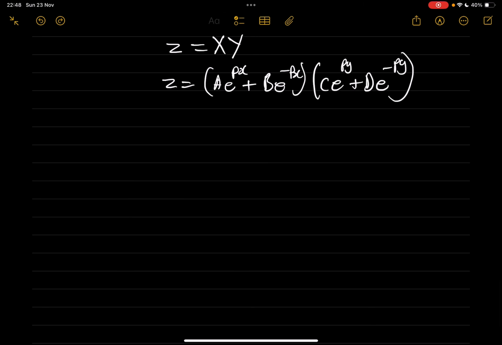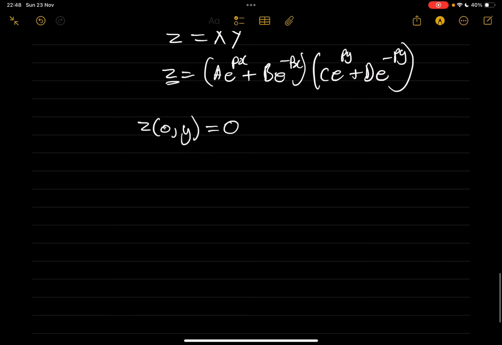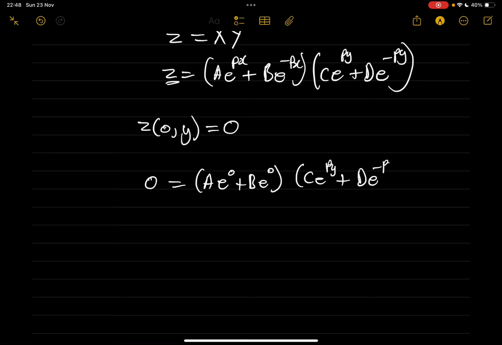So we're evaluating z when x is 0, and we are saying z is going to be 0. So wherever there's x we have 0: a e to the power 0 plus b e to the power 0, then c e to the py plus d e to the minus py.